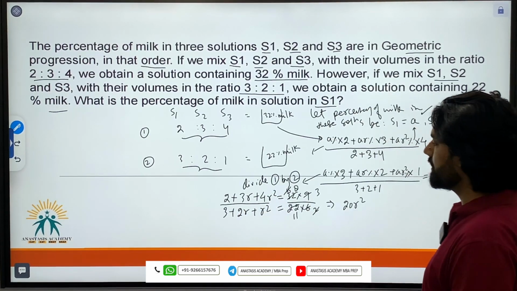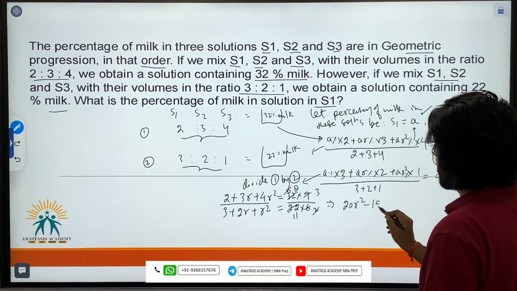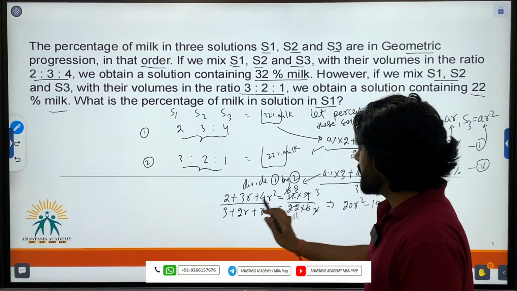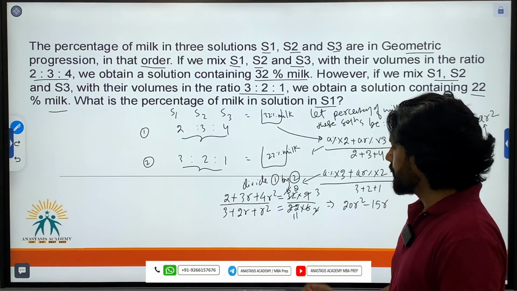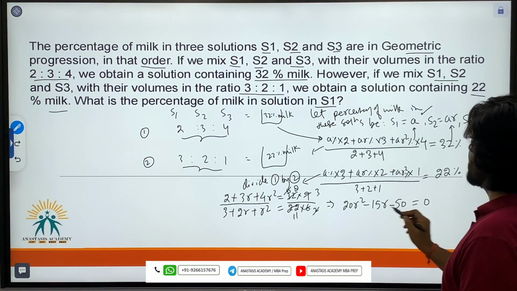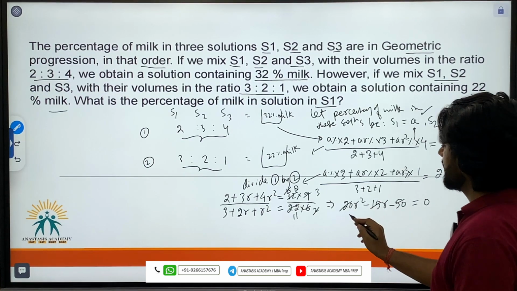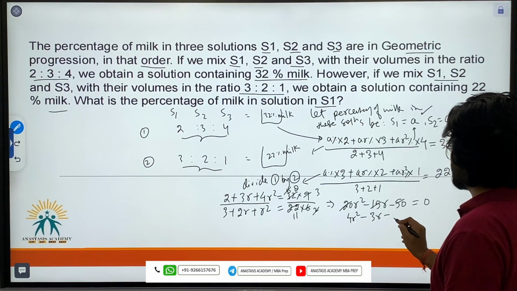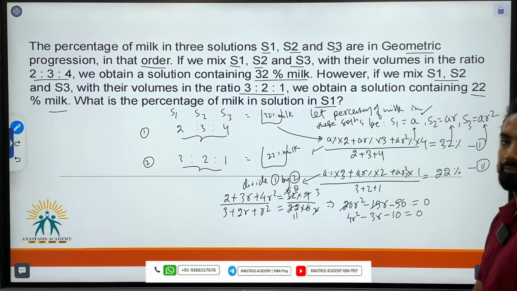If 48r goes to this side, it becomes minus 15r. 11 into 2 is 22, and 24 into 3 is 72. So 22 minus 72, minus 50, is equal to 0. Cancel 5s. So 4r square minus 3r minus 10 is equal to 0.